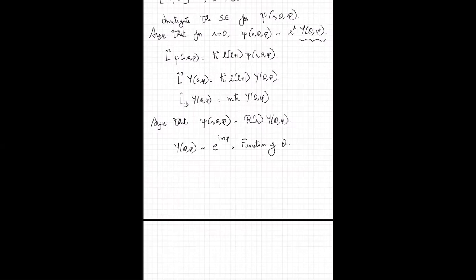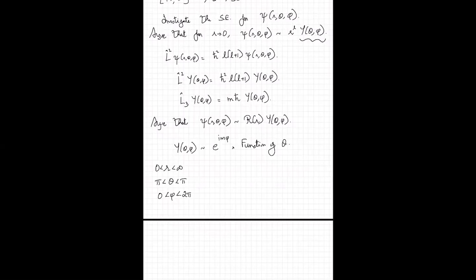We also know from single valuedness of the wave function, if you do one complete rotation, remember that in spherical polar coordinates, r ranges from 0 to infinity, theta ranges from 0 to pi, and phi ranges from 0 to 2 pi.